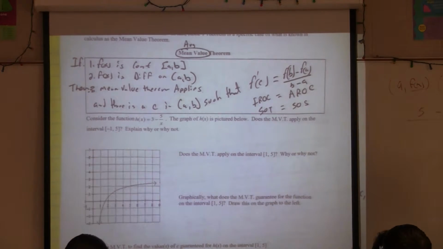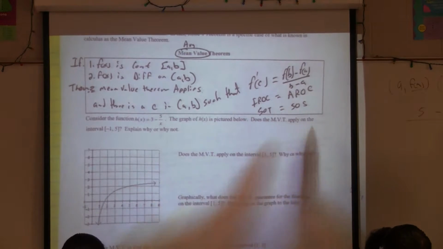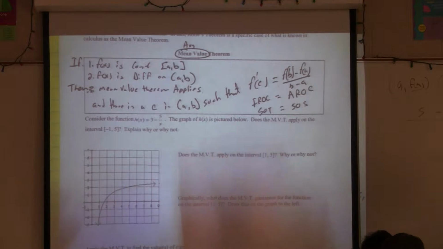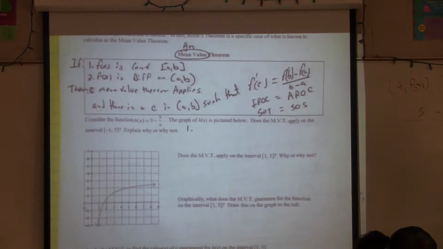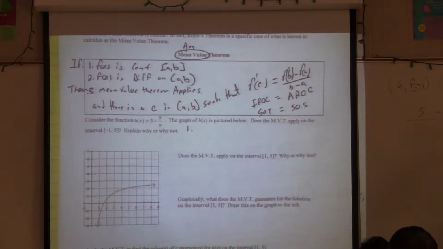So consider this function. The graph of that function is pictured below. Does MVT apply on the interval -1 to 5? Explain why or why not. Okay, so let's start off by checking the first thing, which is that it's continuous. So is it continuous on that interval? Yes or no?